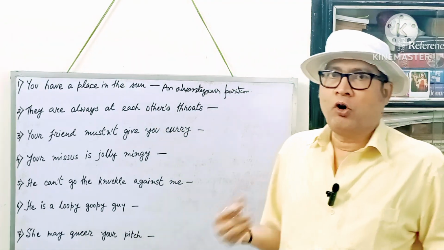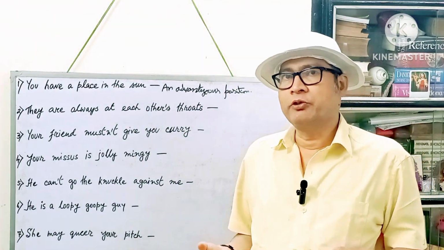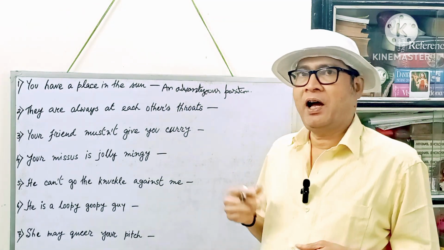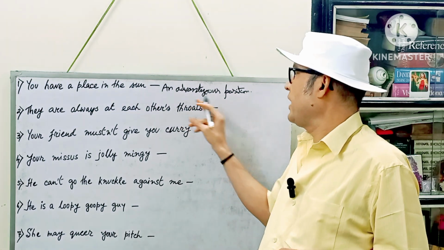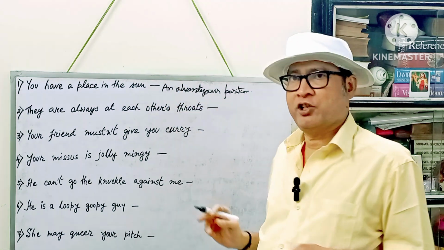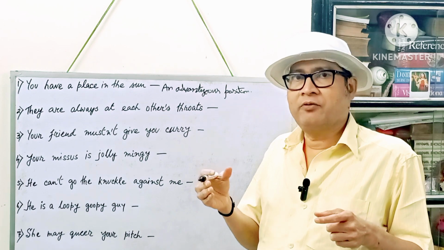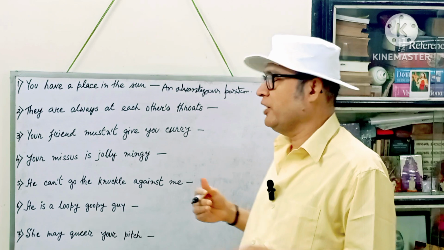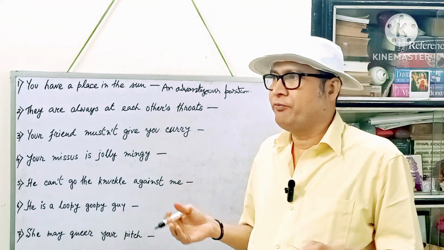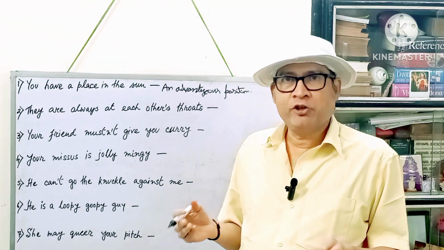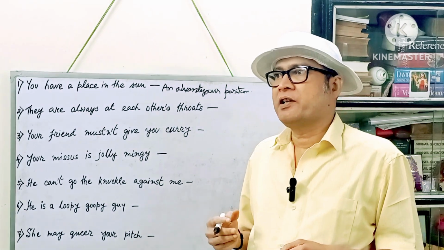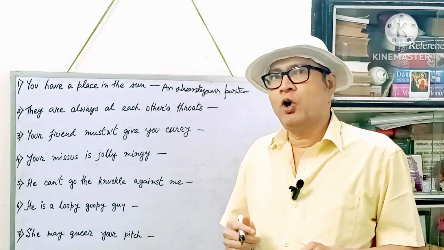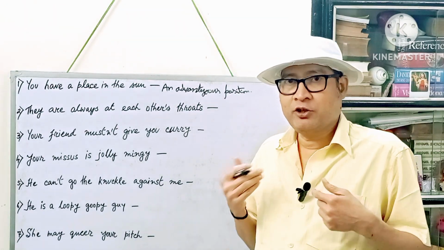Those who are born into rich families, those who are born with a silver spoon in their mouths, generally have a place in the sun. They have a highly advantageous position, not a simple, very common advantageous position, but a very highly advantageous position. Say your friend belongs to a rich family, and the friend also has a decent education. So you may tell your friend, I see you have a place in the sun, which I don't.